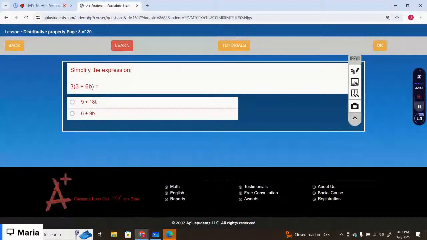Simplify the expression, which is the correct option. That is 9 plus 18b. Option number 1 is the correct option. Simplify the expression, which is the correct option.